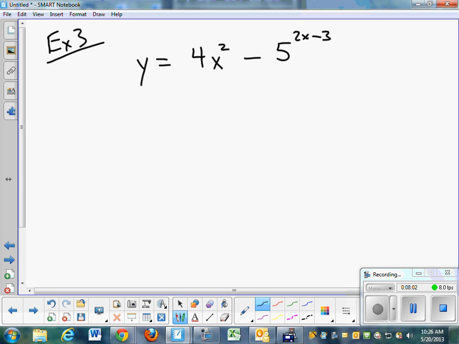Yep. So if we have example 3 here, well, this is a little bit different scenario, okay? The first one's an easy derivative to find, right? What's the derivative of 4x squared? Yeah, so this derivative, y prime is equal to 8x minus, now in order to find the derivative of 5 to the 2x minus 3, what do I have to use?